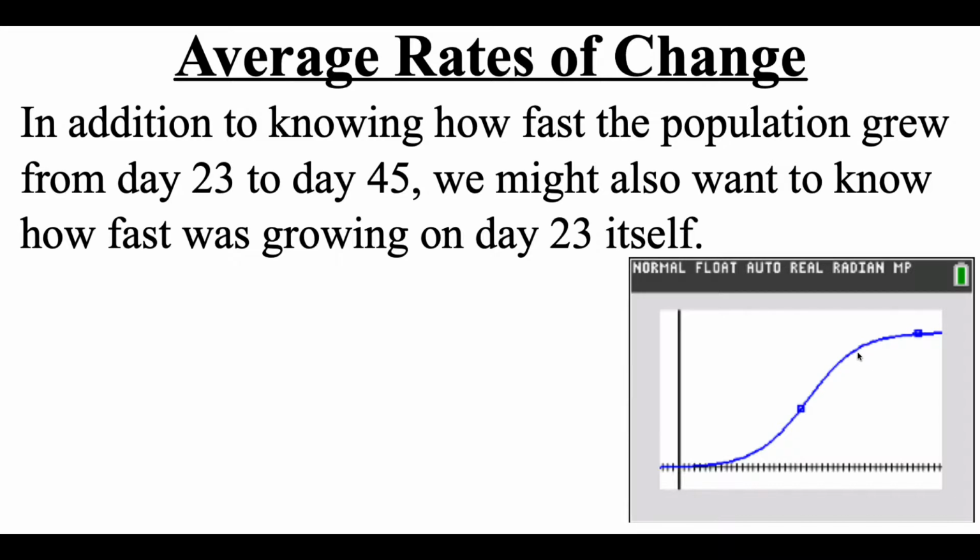So what we could consider doing is finding points along our graph closer to day 23 and finding their slope, because that might give us a better representation of what's happening here. And ideally, what we would want to do is get as close as possible to that day 23, so that as we find the slope between those 2 points, it's more representative of what's happening exactly on day 23.